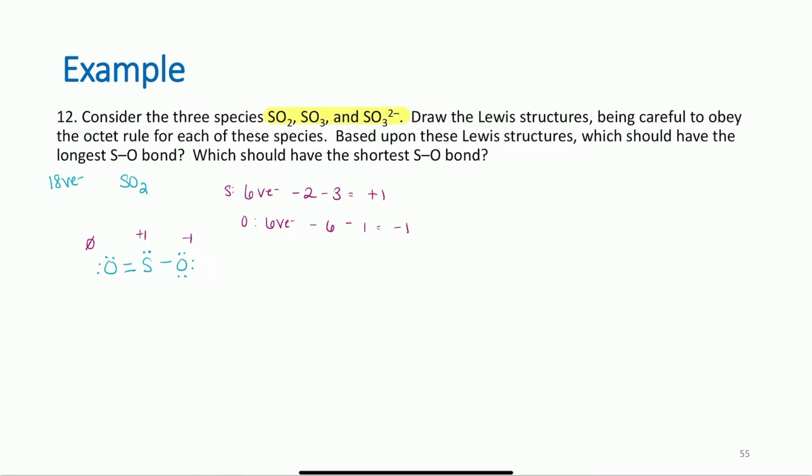How can I minimize my formal charge? I can do that by forming an additional double bond between my sulfur and my oxygen. Now, if I check, my sulfur will have 6 electrons, minus 2 lone pair electrons, minus 4 bonds, overall 0, and oxygen, when it has 2 bonds and 2 lone pairs, is also 0. So I've minimized formal charge. I've got all my electrons in.